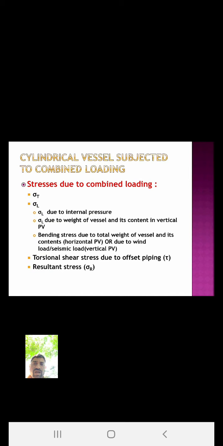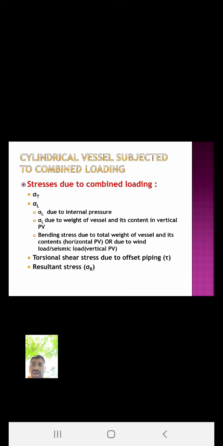Again, bending stresses are induced due to the total weight of the vessel and its contents in the horizontal pressure vessel, or due to the seismic load and wind load, which are the two types of loads in the vertical pressure vessel.